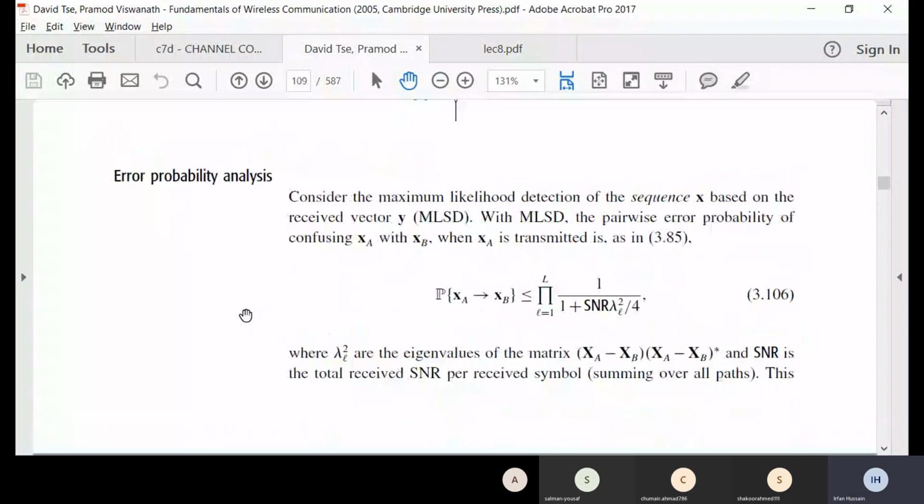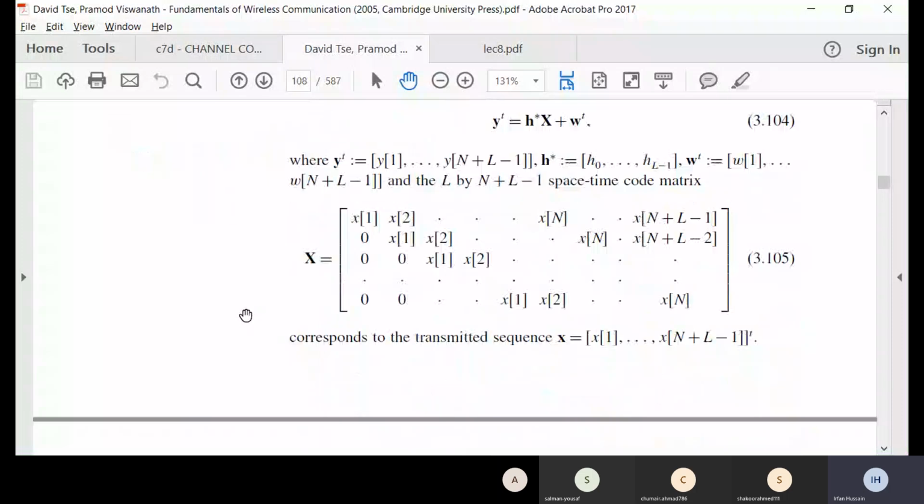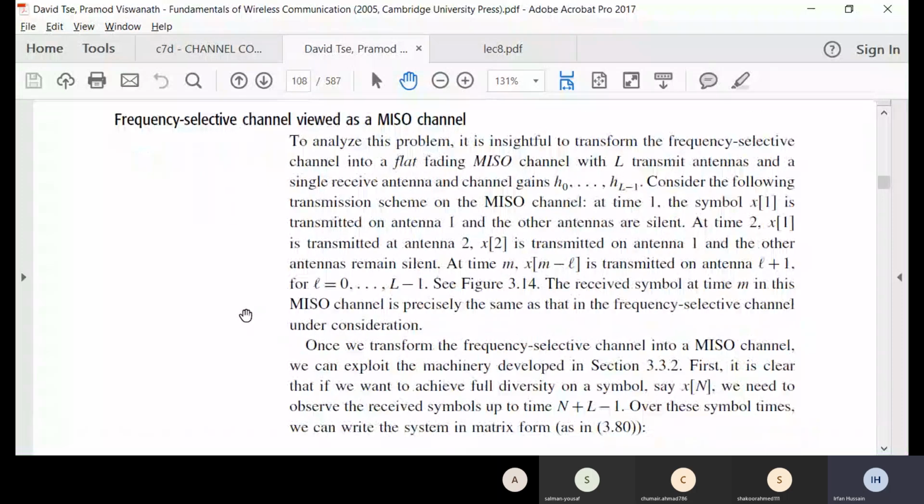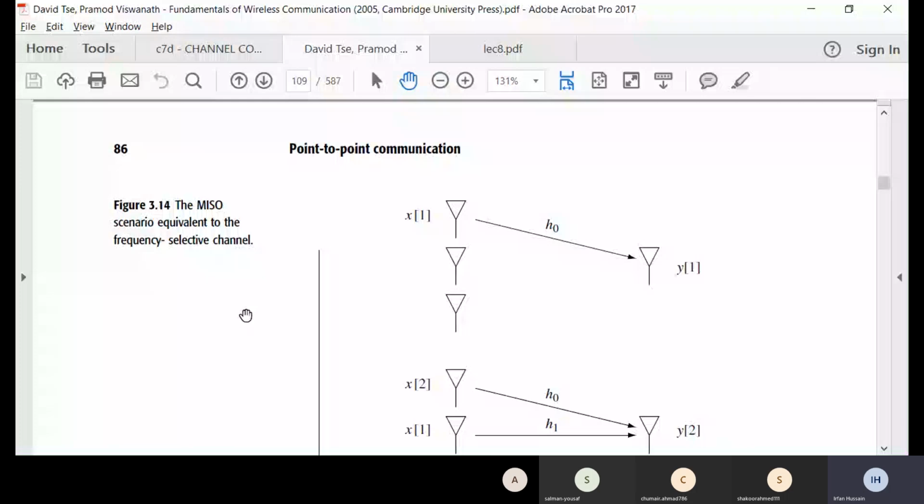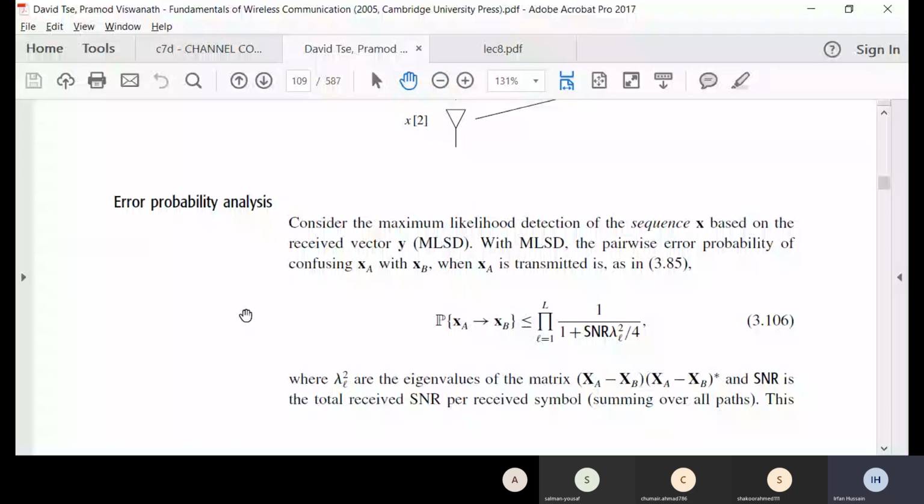Alright, so if you could see here, the first is maximum likelihood sequence detector. So one is symbol detector. The other point is sequence detection, this MLSD. All right. So we were actually analyzing for MLSD. Why MLSD? Because you could see that we were comparing XA with XB.